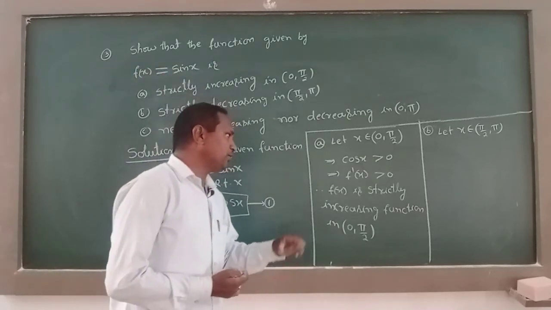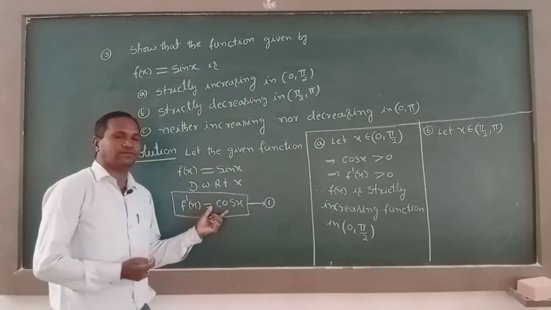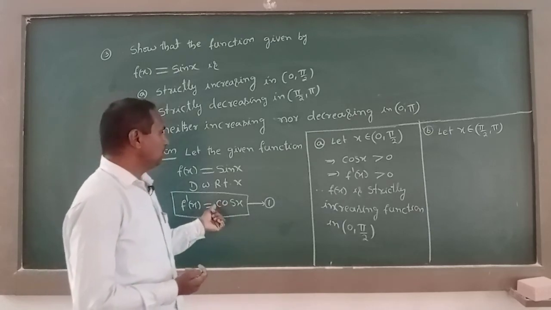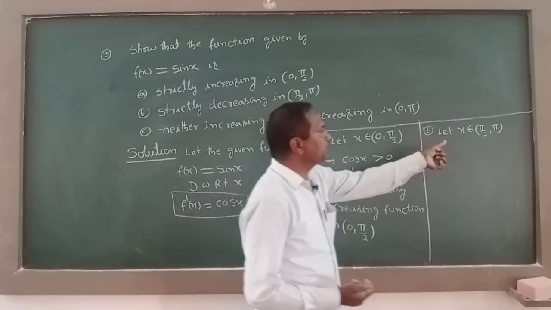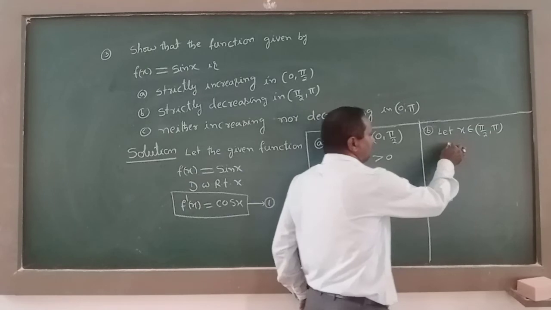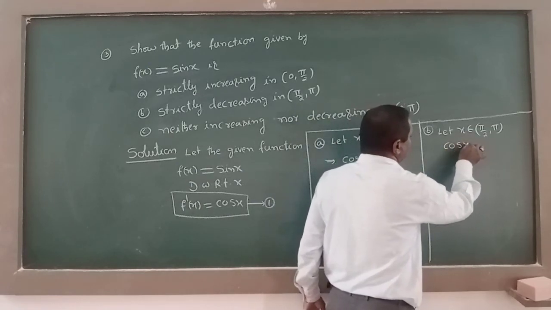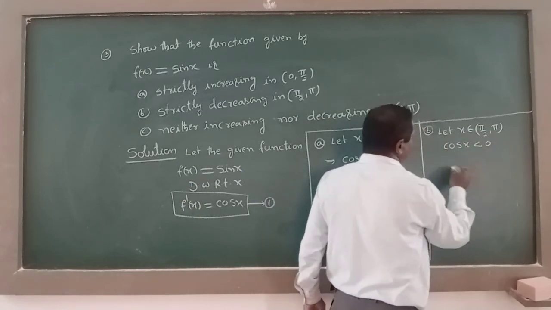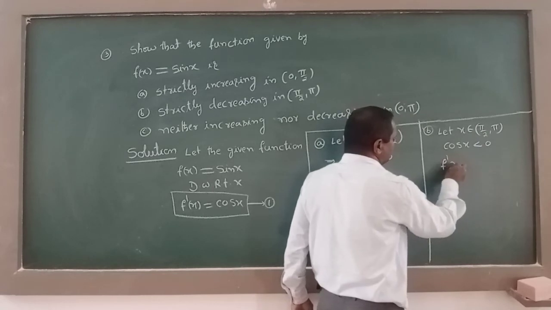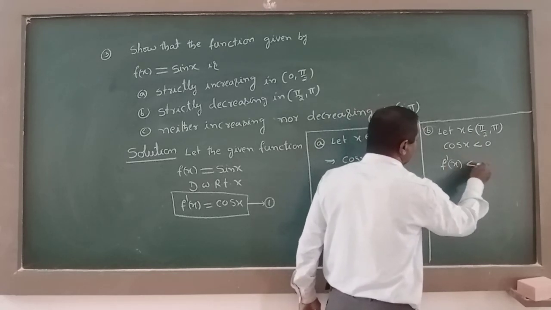That's what we are now discussing about the differentiable function cos x. Now if it lies in the second quadrant, pi by 2 comma pi, we can write cos x is always less than 0. If it is less than 0, we can write f dash of x is less than 0.